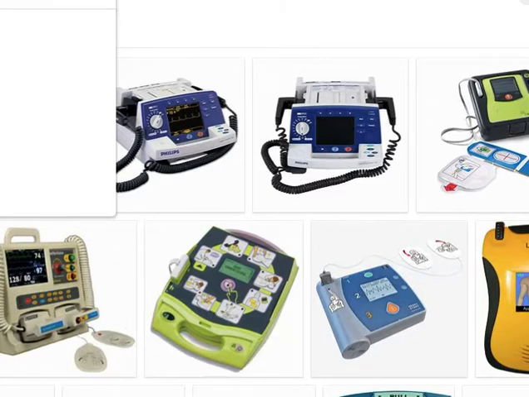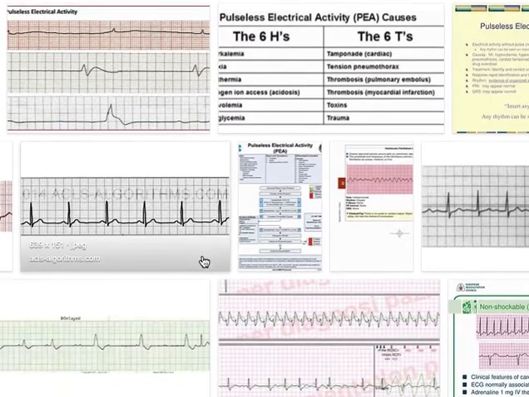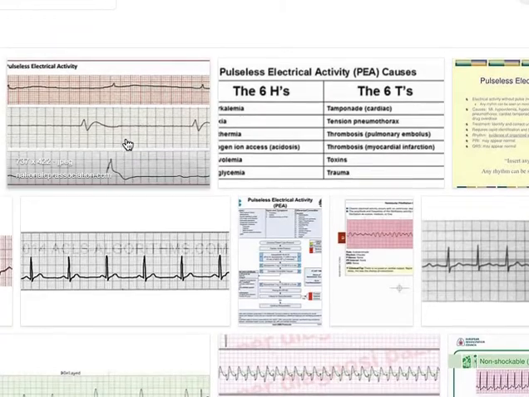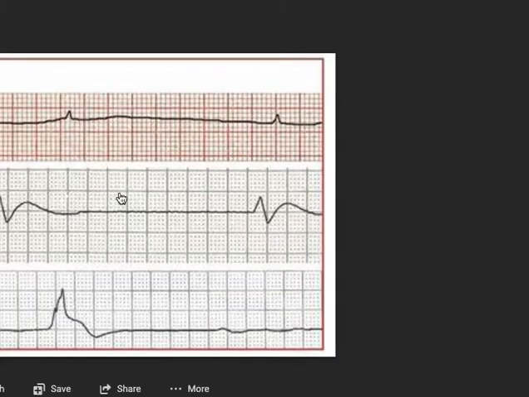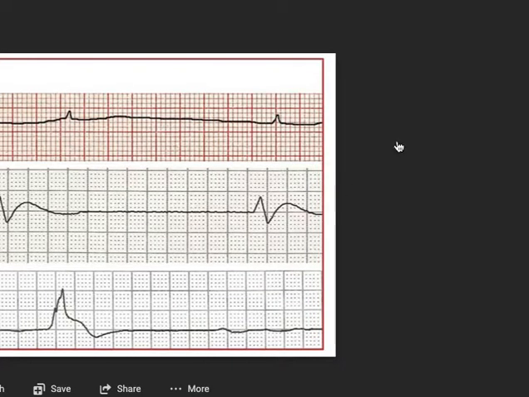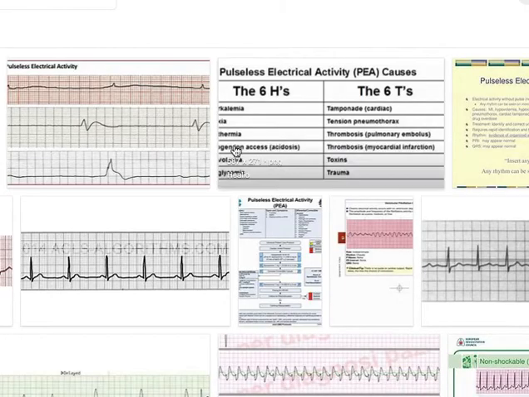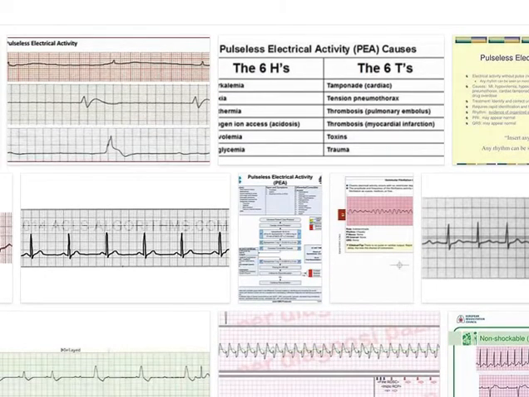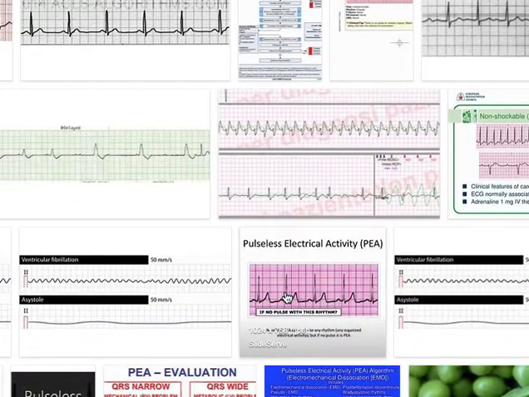So one non-shockable rhythm is called pulseless electrical activity, or PEA. This is the ECG of pulseless electrical activity. You can see there is no pulse, but there is a little electrical activity in the heart, and this is a non-shockable rhythm.